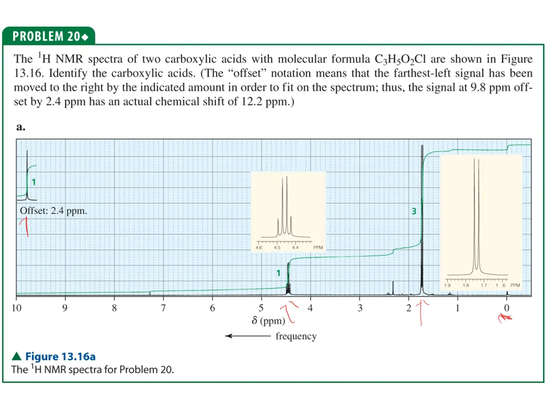I'm seeing another signal that's happening here. This is at 9.8, but they're telling me it's offset by 2.4. So I need to take that 9.8, which is where it's showing up, where they've drawn it, and I need to add 2.4 because it's further that way, so they don't have to squeeze everything together. That's why they did that. So this is actually at a 12.2.